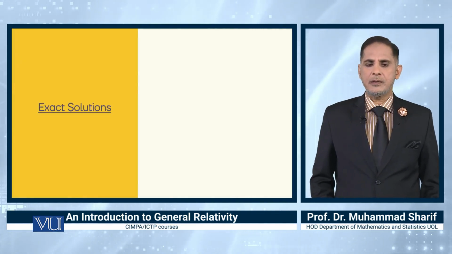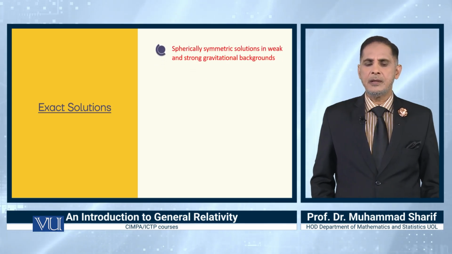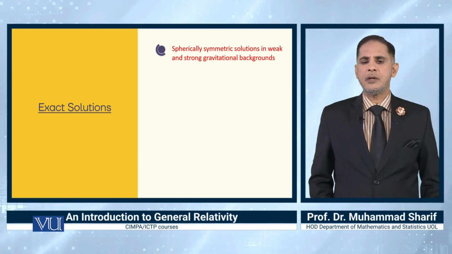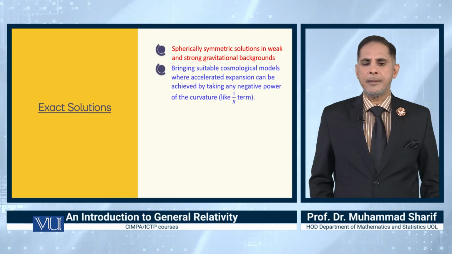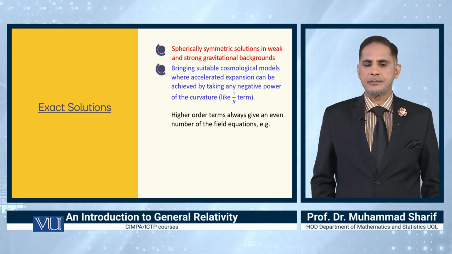F(R) theory is in fact the simplest generalization of general theory of relativity. This theory is used to find spherically symmetric solutions in weak and strong gravitational backgrounds, bringing suitable cosmological models where accelerated expansion can be achieved by taking any negative power of the curvature like the 1 over R term.